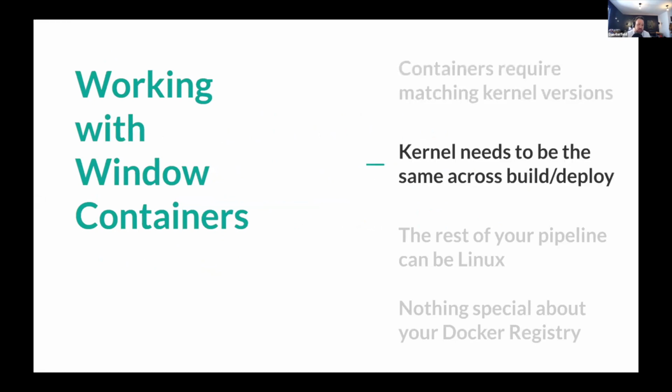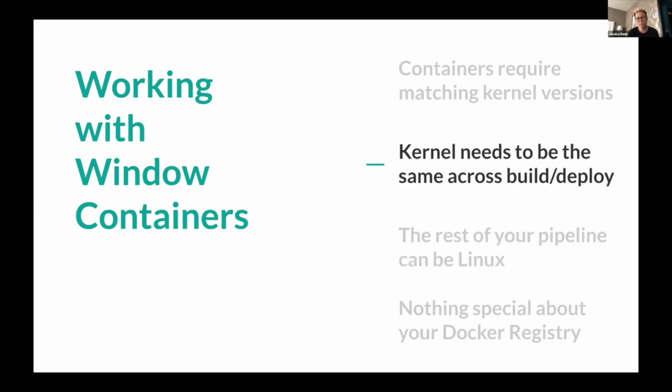And that means that this kernel version needs to match on your build nodes and your deploy nodes, even if you're using Kubernetes, no matter what you're using. If you're using a local machine to build these, then of course it's going to be specific to the kernel version you're using. So this does lead to a situation where if you're doing local development with Windows containers, sometimes you may want to have different VMs available with different kernels so you can try different things out.